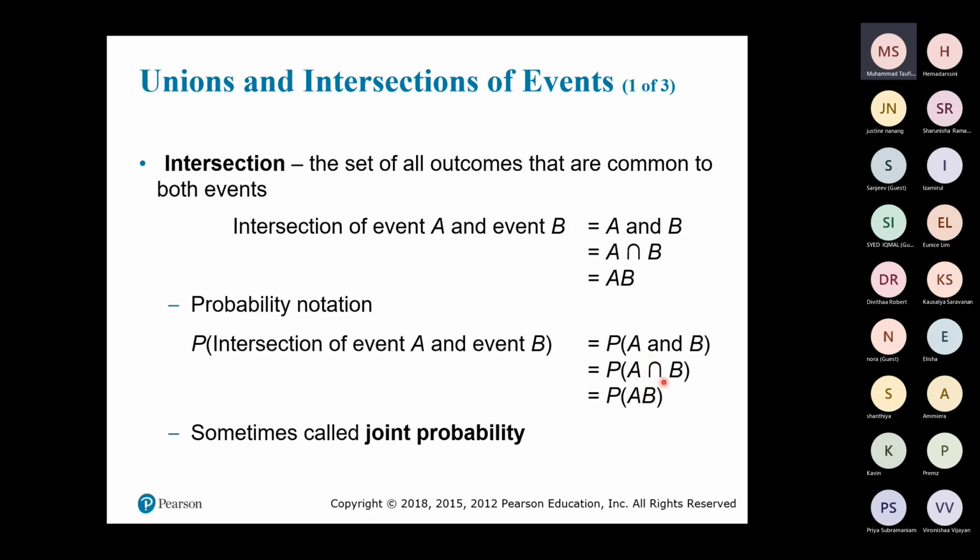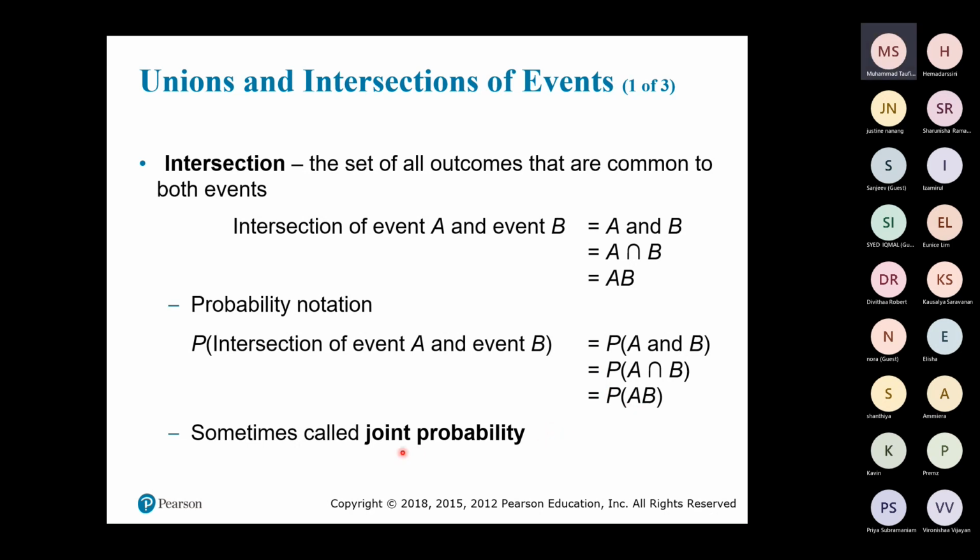It means overlapping, that event A and event B must happen together. This is how you write the probability for event A overlapping event B.